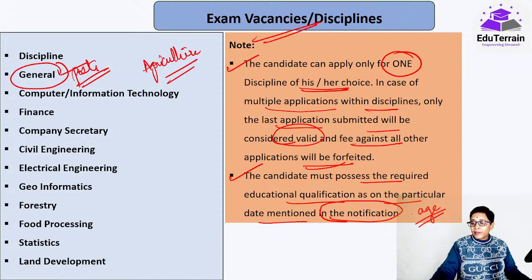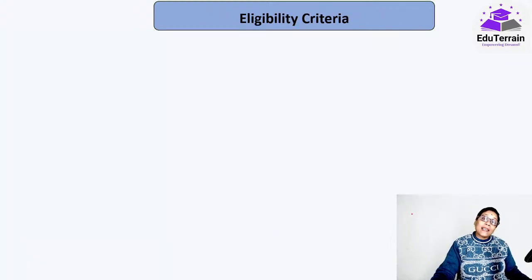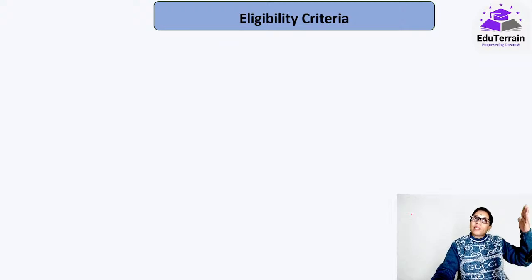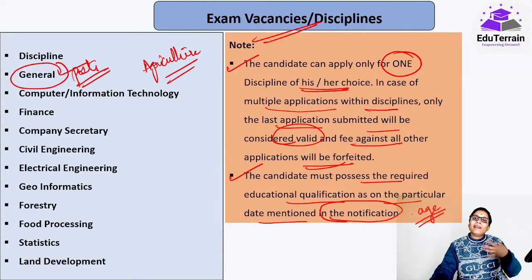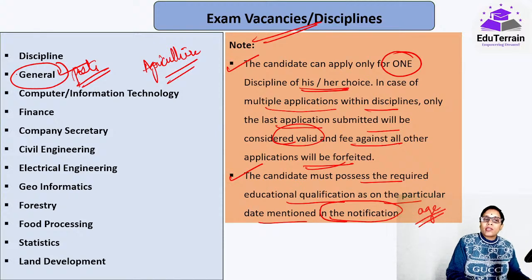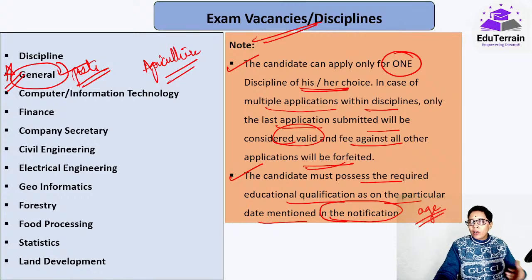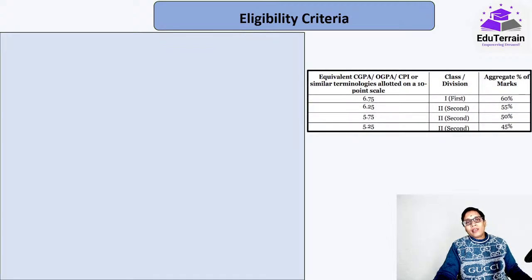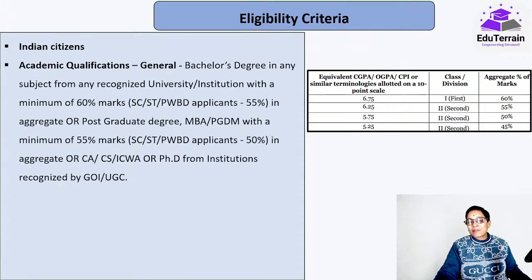So now next, eligibility criteria. Now for all these disciplines of the exam, let me see where I fit. Okay, so each discipline has its educational requirements, and in this session we will be focusing mostly on this general post only, but still if you have any doubts related to the other posts as well, you can ask me. So eligibility criteria, the first thing, the candidate should be an Indian citizen.